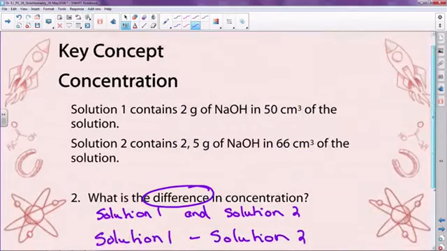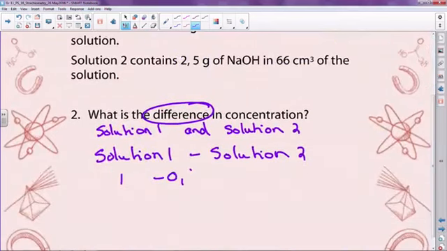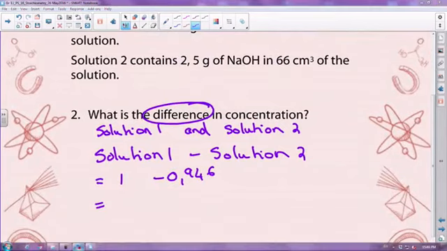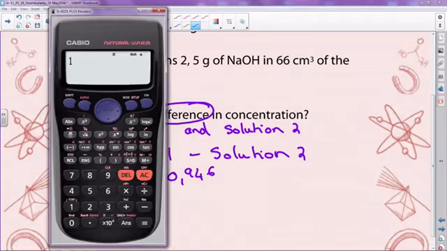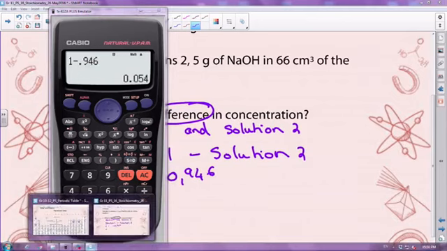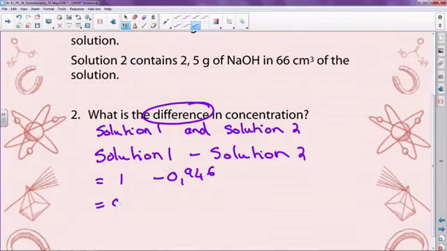So here I'm going to go minus 0.946. Okay, and I'm going to get an answer, because this one I don't think my head's going to do. I'll use my calculator. 1 minus 0.946 is 0.054. So my difference in concentration equals 0.054 moles per decimeter cubed.